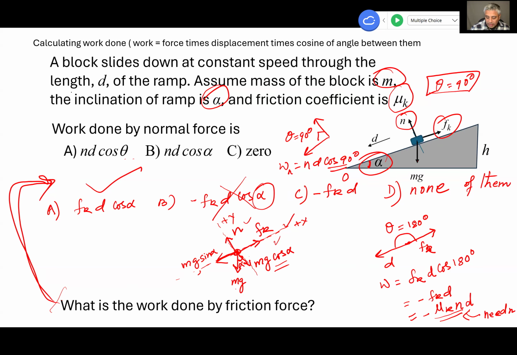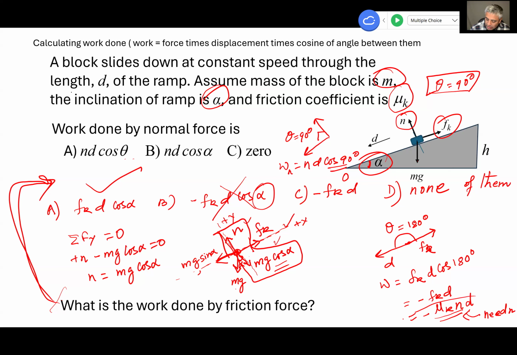Now to find the normal force, we see the normal force is balancing mg cosine alpha, or we can say the net force along the y direction is 0 because it's not accelerating in that direction. So positive N minus mg cosine alpha equals 0, which means N is mg cosine alpha in this case. So this N can be replaced by mg cosine alpha.